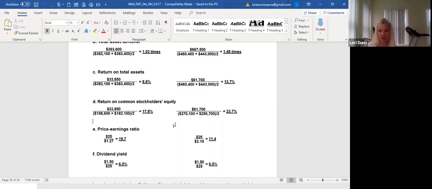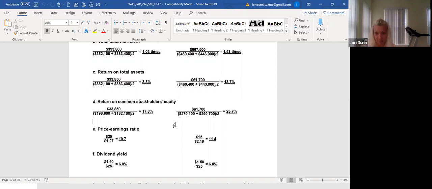I like to put a dollar sign in front of it, which your author doesn't, because I think you can wrap your head around it as the amount the stock will increase or decrease if earnings per share increases or decreases by $1.